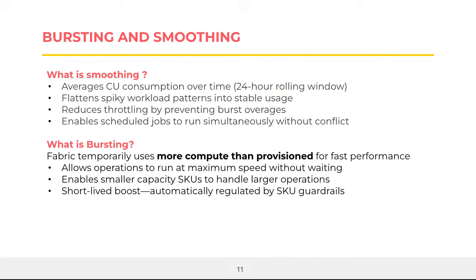Then we have two very important things to understand. The first is smoothing. So what is smoothing? Smoothing is the average CPU consumption over a 24-hour rolling window for the background operation. So if you decide to refresh a pretty heavy dataset, be careful, because it won't be instantaneous.